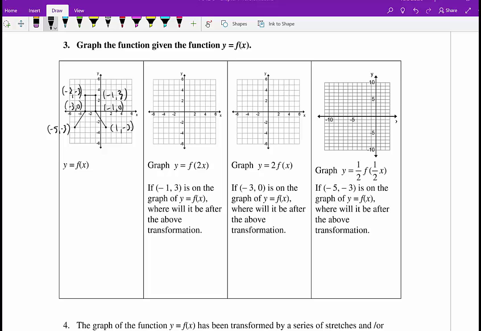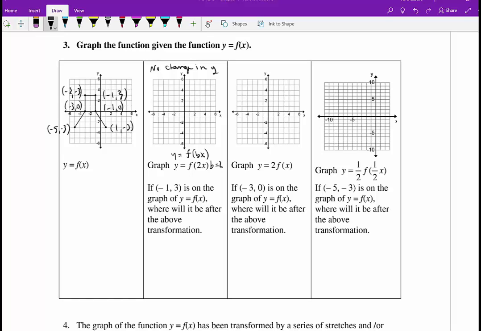On the first one, we're graphing y equals f of 2x, so that is in the form of y equals f of bx, which means we are looking at a horizontal stretch. That means no change in y. Okay, so by looking at our function f of 2x, we have a b value, which is 2.